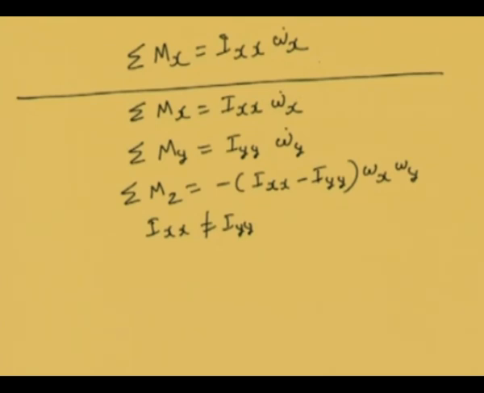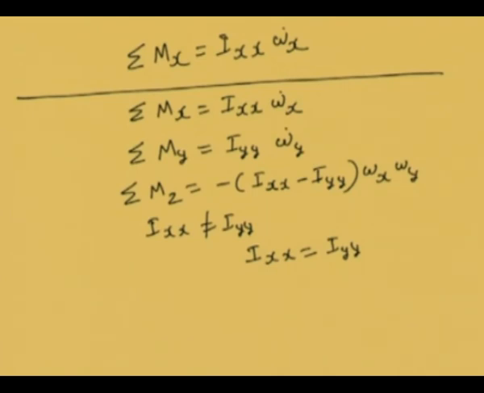If Ixx is equal to Iyy, then sigma Mz will be 0 in the case of constant rotation about two axes like x and y, otherwise this will be present. So this phenomenon comes.